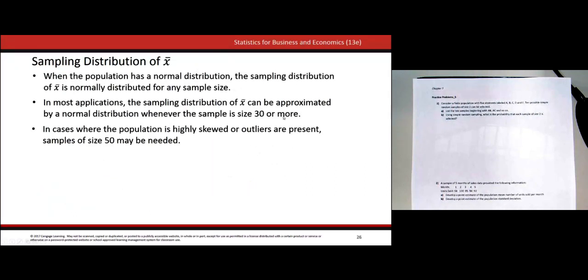And now the shape of the sampling distribution. We also need to know the shape of the sampling distribution. If we are sampling from a normal distribution, if the population has a normal distribution, then the sampling distribution of x bar is normally distributed for any sample size.